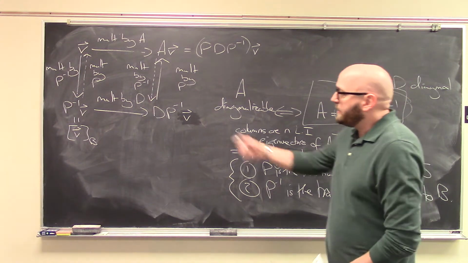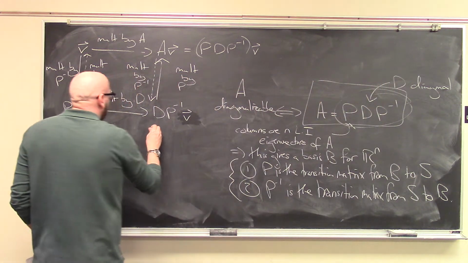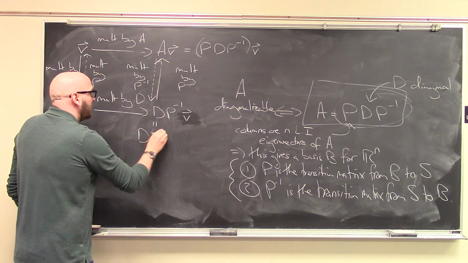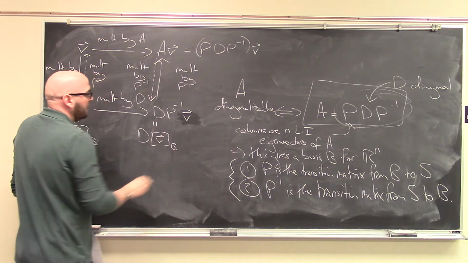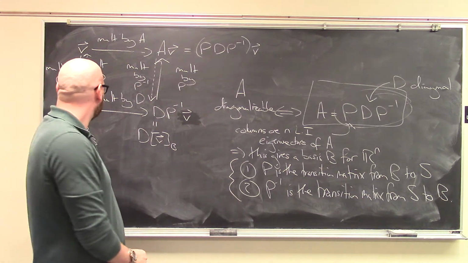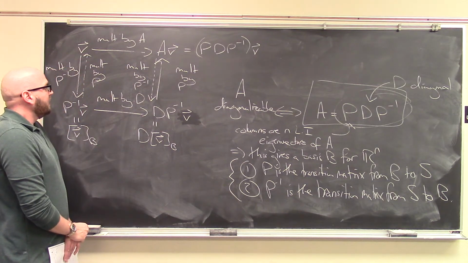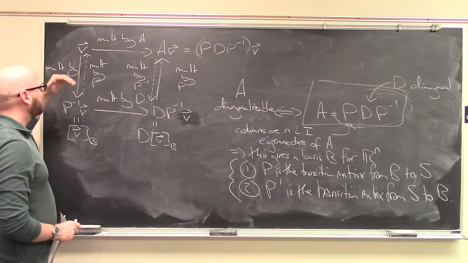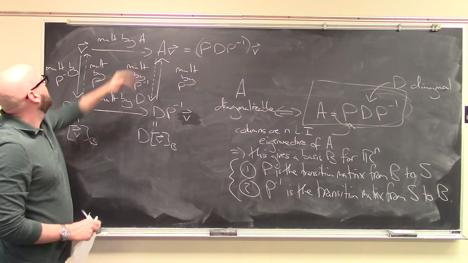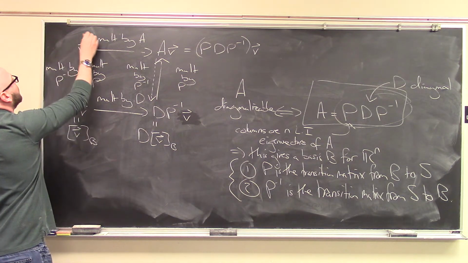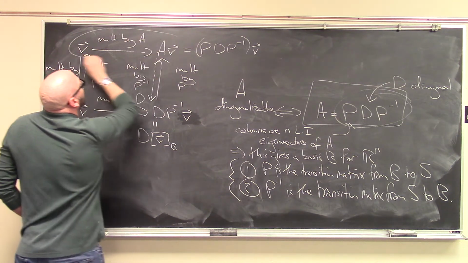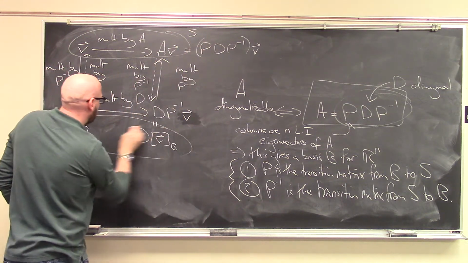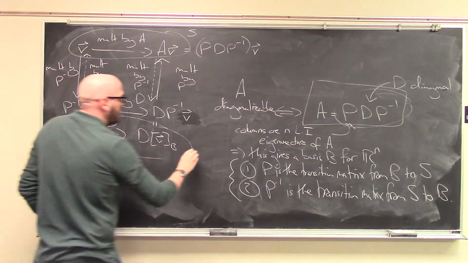Then we took this and multiplied by D on the left. So multiplying by D on the left is really the same as D times V in B coordinates. The way you should view this is that everything up here is in S coordinates, and everything down here is in B coordinates.